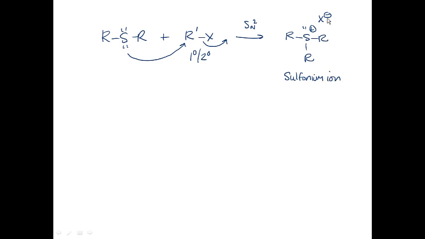And you might say, well, who cares about sulfonium ions? I don't know, somebody probably does. But one of the things with the sulfonium ion is that if you think about this molecule, you could have a nucleophile come in and attack one of the carbons attached to that sulfur.